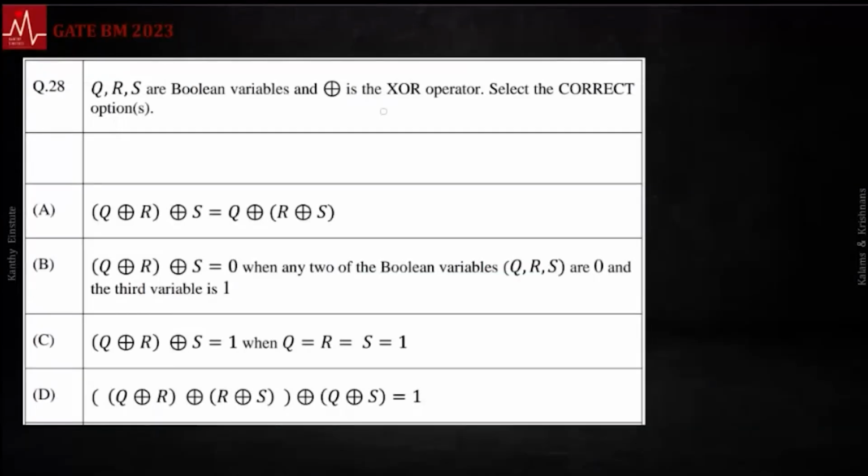Okay, now we have this XOR operator. Let's also look at XOR. So quickly, let me give you four options: A, B, C, D. You name these gates.